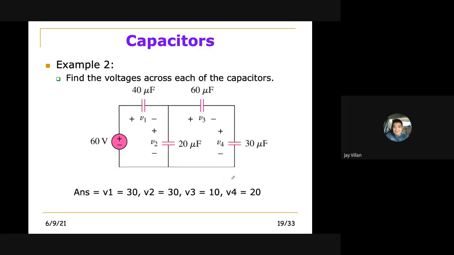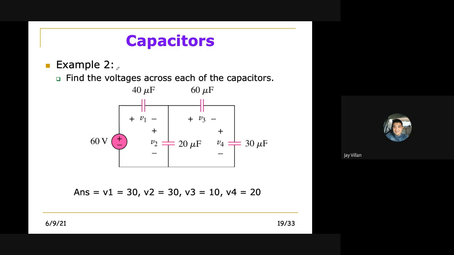Find the voltage across each of the capacitors. The answer: V1 is equal to 30 volts, V2 is equal to 30 volts, V3 is equal to 10 volts, and V4 is equal to 20 volts. It still follows the voltage division formula.